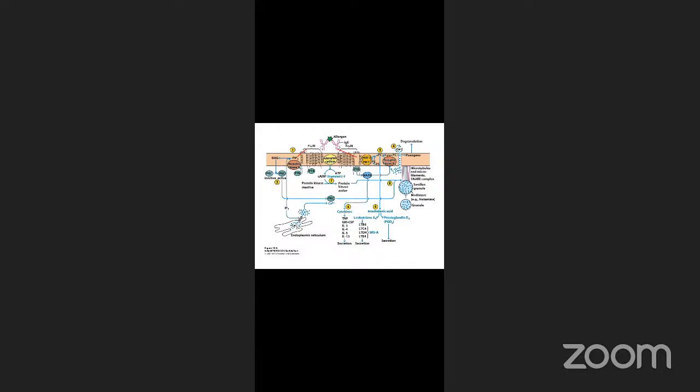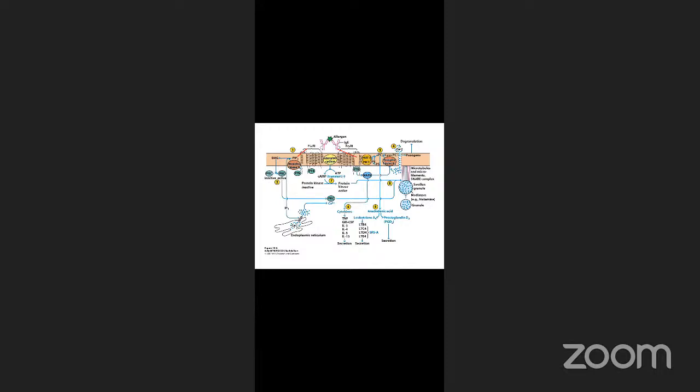The cross-linked antibodies play a key role and stimulate the degranulation process, initiating the degranulation cascade. Degranulation takes place through different steps of the cascade reaction, and in this process calcium plays a key role.